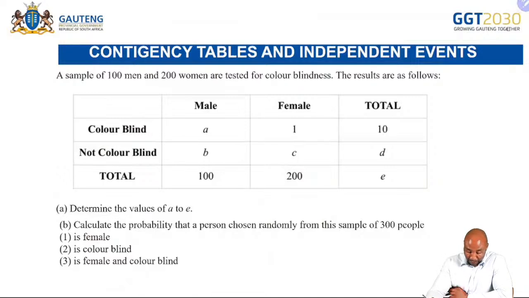Let us quickly do that one. I will give you 6 minutes to answer A and B. Let us quickly try to complete the table because we have already looked at this at our individual schools. 6 minutes.